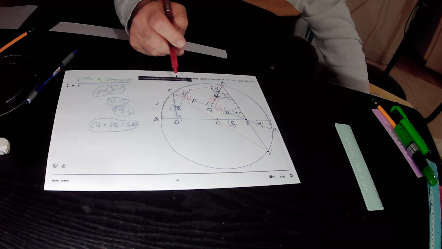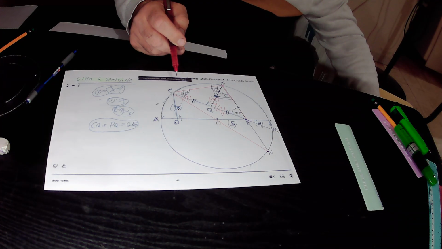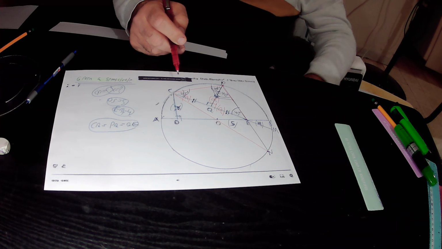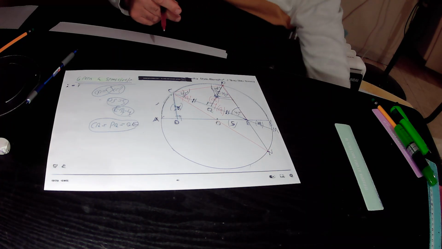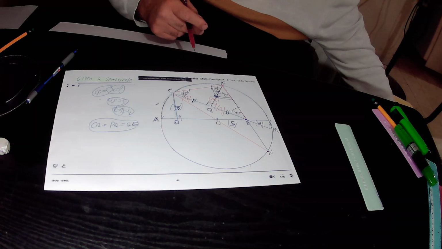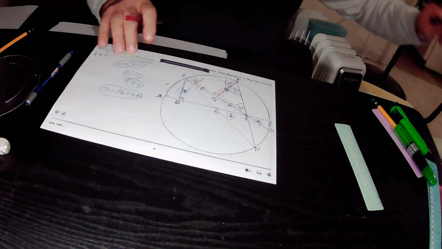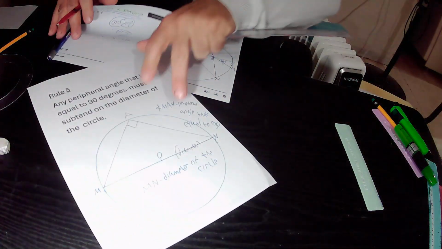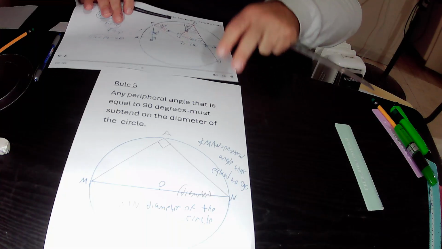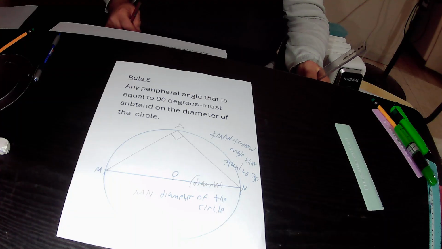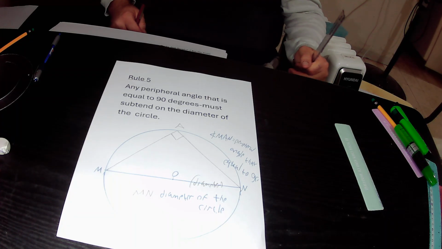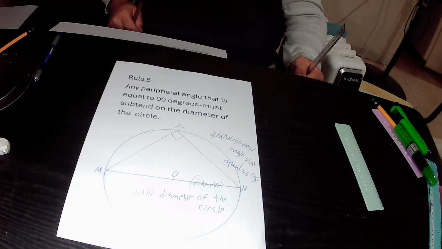So let me repeat quickly rule 5. According to rule 5, any peripheral angle that is equal to 90 degrees in size must subtend on the diameter of the circle.